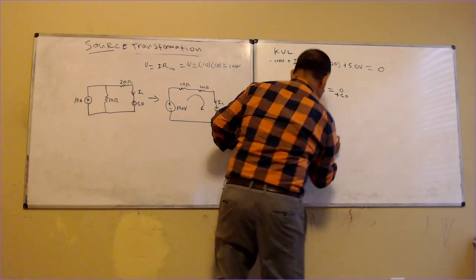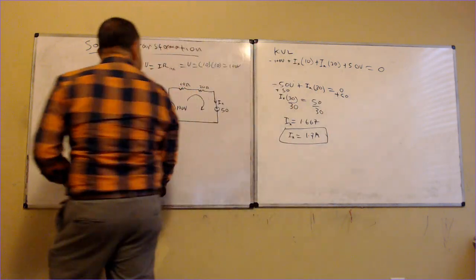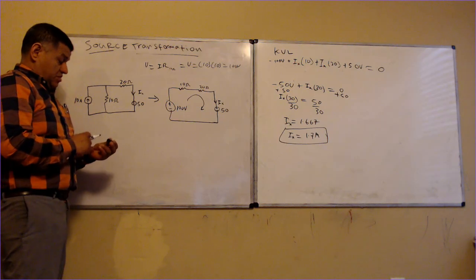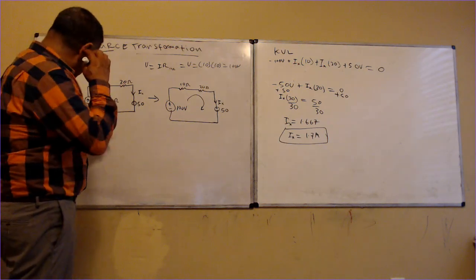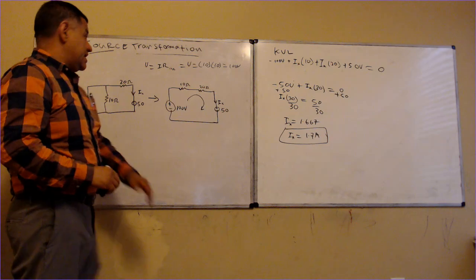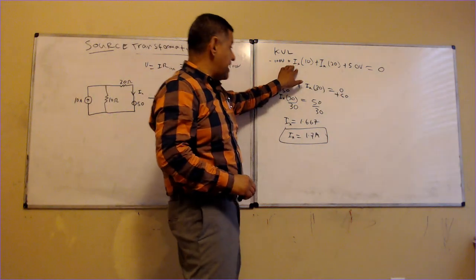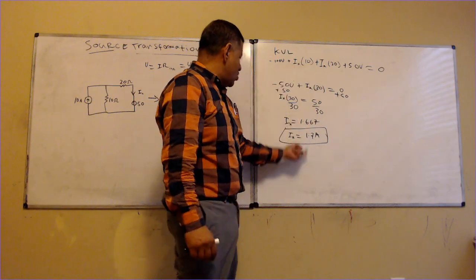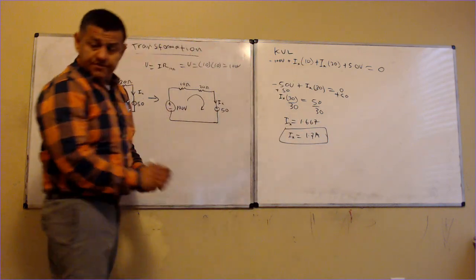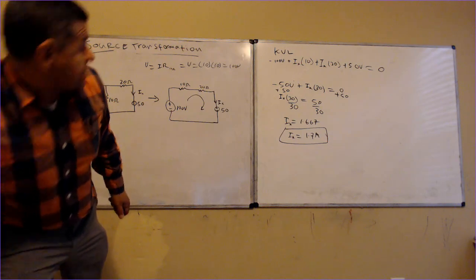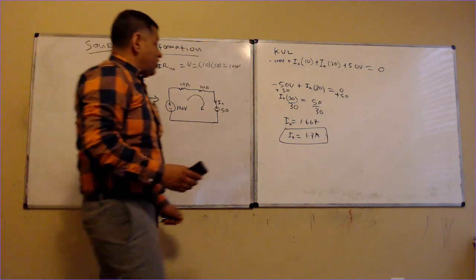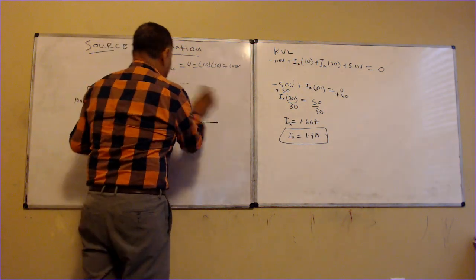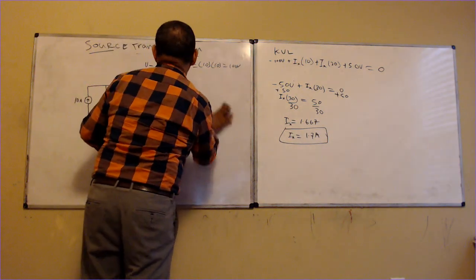So that is the way we do it using source transformation and the equation of KVL; we came up with that value. Now let's do it the other way, with superposition.